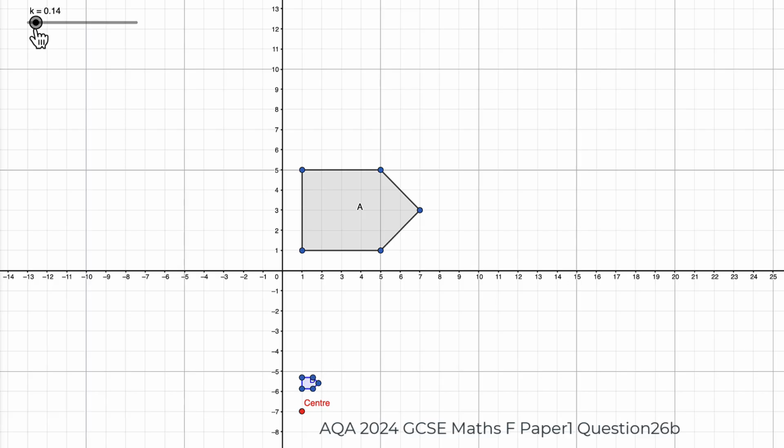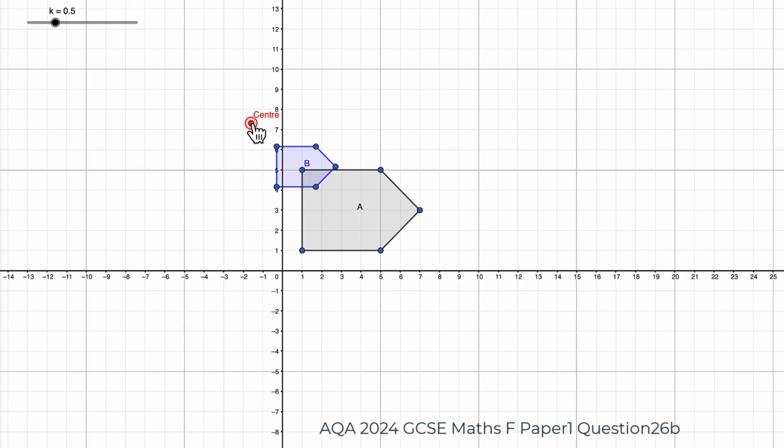And there it just disappears. When the scale factor is 0, it's vanished into the centre. So there's the picture as it was given to us. The other thing we can do is to see how, when we move the centre around, what happens to this reduced image.